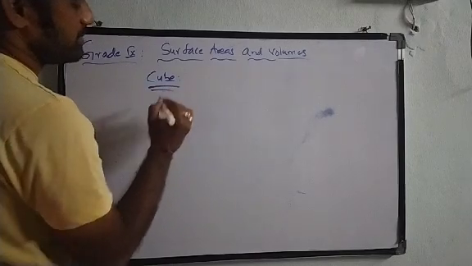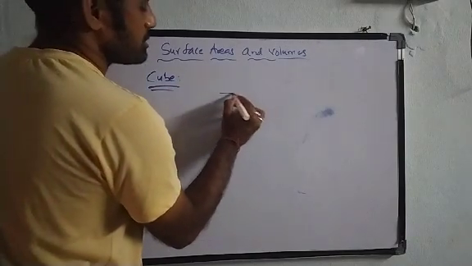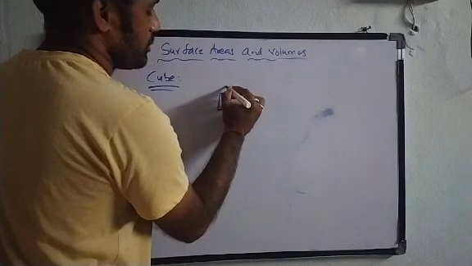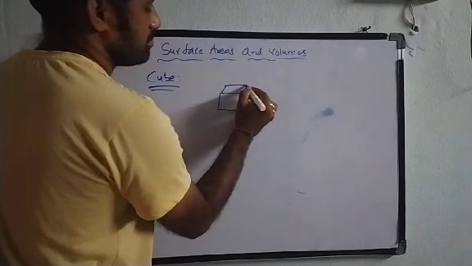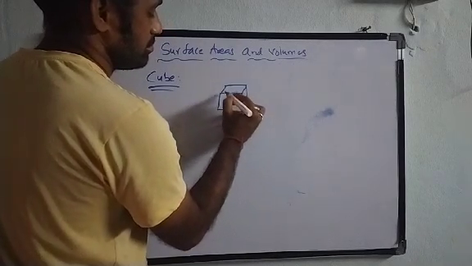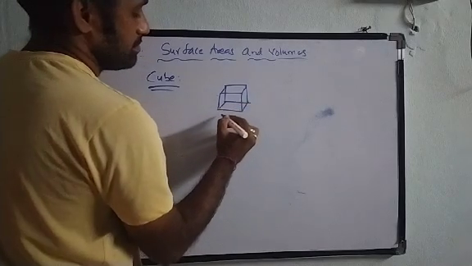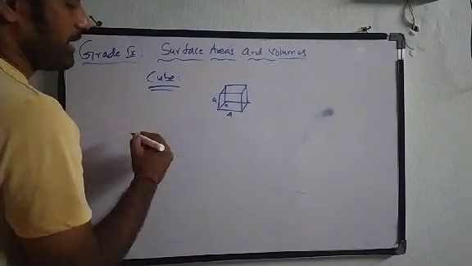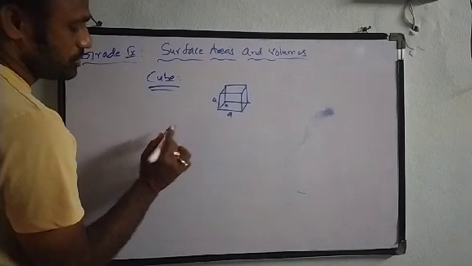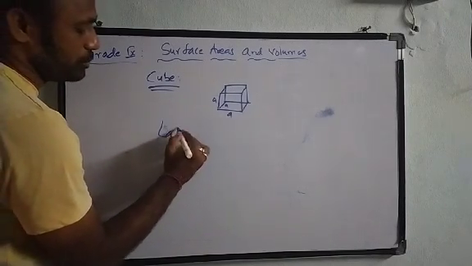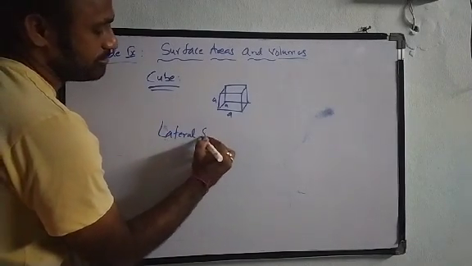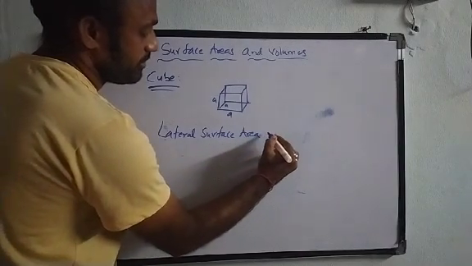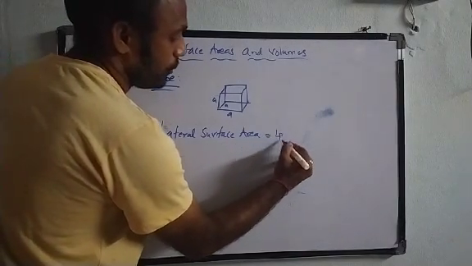A cube is a figure made by using squares. All sides are equal; length, breadth and height are also equal. So the lateral surface area of the cube is 4a square.